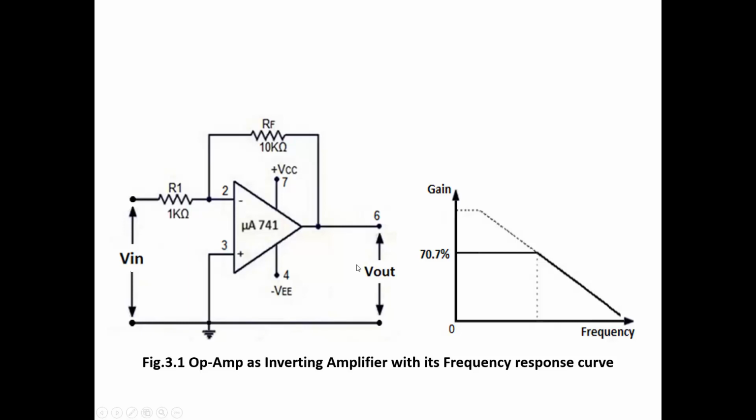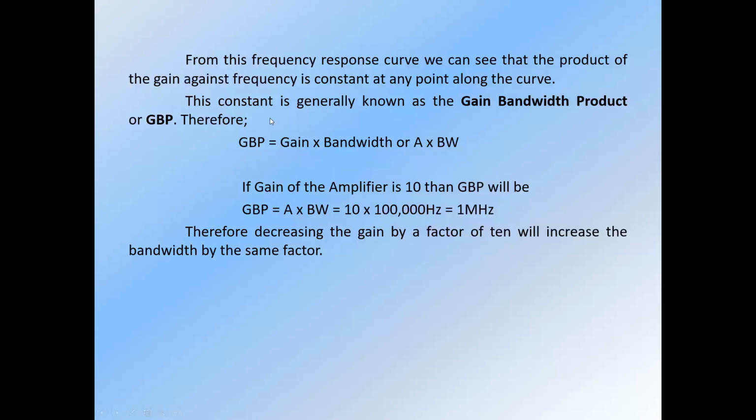To plot the frequency response curve of this amplifier, we have to keep the input voltage constant and then vary the frequency from minimum to maximum step by step. And then this is the graph between frequency versus gain. From this frequency response curve, we can see that the product of the gain and frequency is constant at any point along the curve.